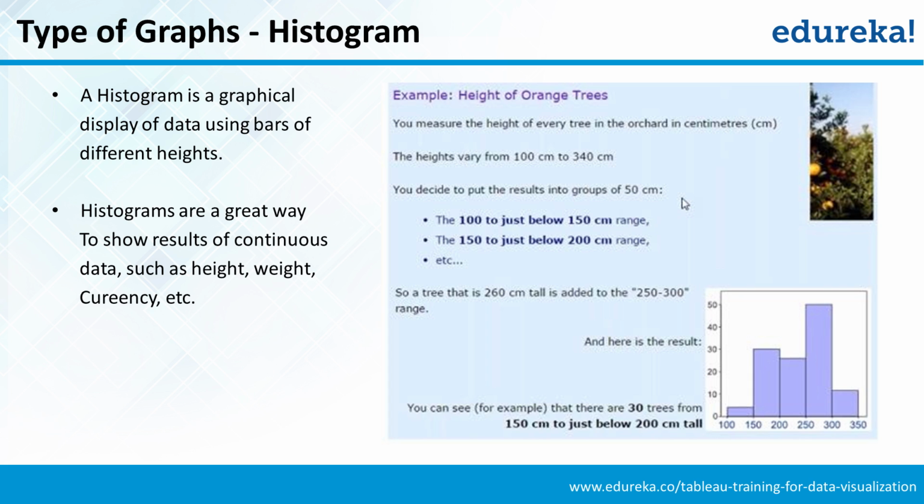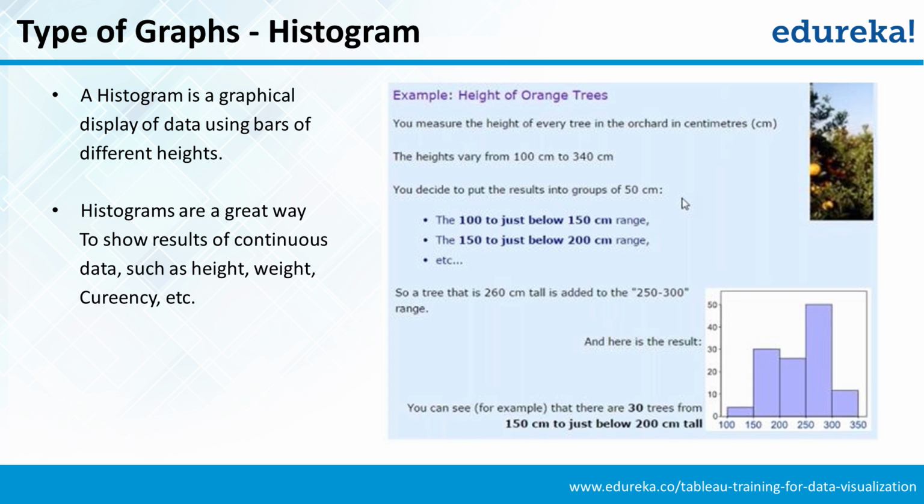So between 100 to 150, how many trees are there? Between 150 to 200, how many trees are falling? Between 250 to 300, how many trees are falling? And then we draw a bar-like representation. Now this is a histogram. On one axis, we have the ratio data. On another axis, we have the count of elements, the count of data falling into each of the buckets.